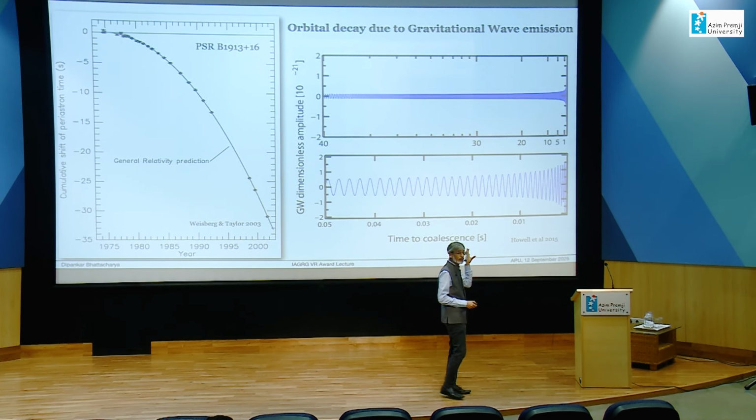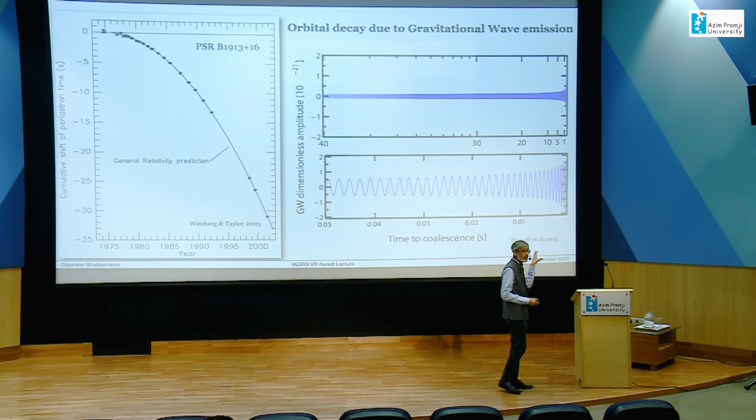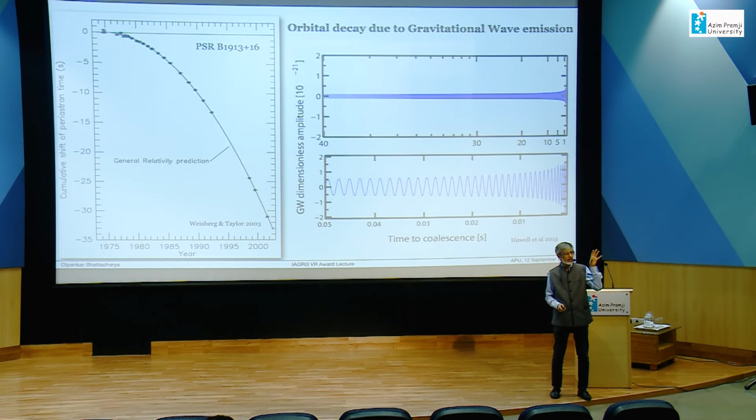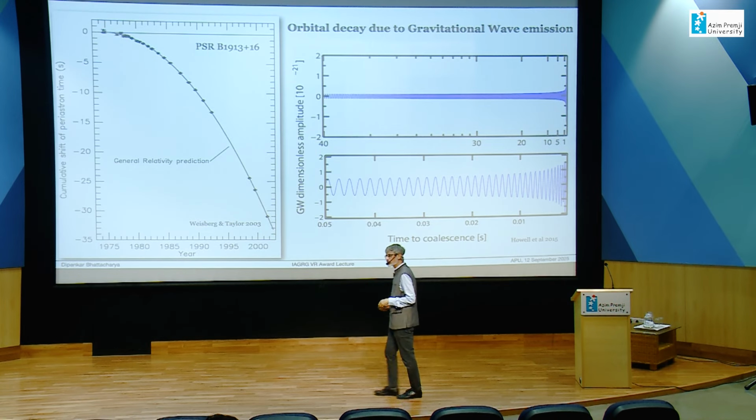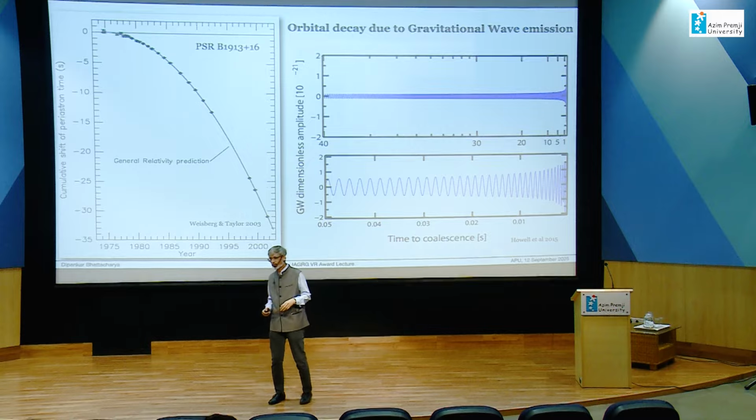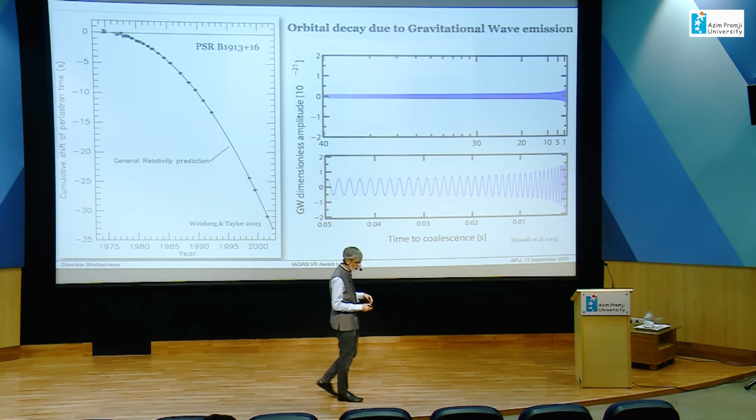This was thought attractive enough to invest in detectors for gravitational waves. This gave rise to the whole concept of LIGO. And of course, there were many decades from the time this was predicted and the LIGO coming online.